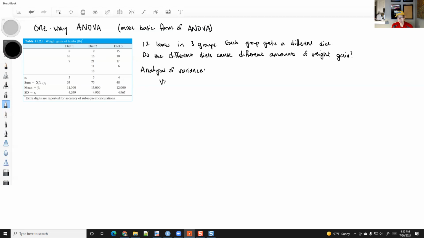The variance part is basically saying the different lambs gain different amounts of weight, and we want to attribute the reason for why they're gaining different amounts of weight.